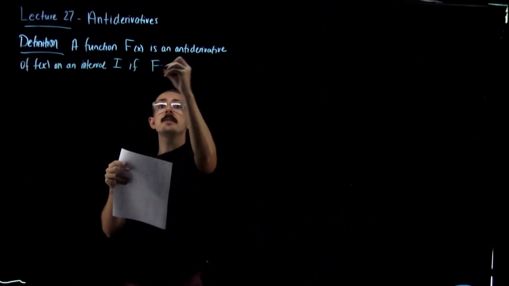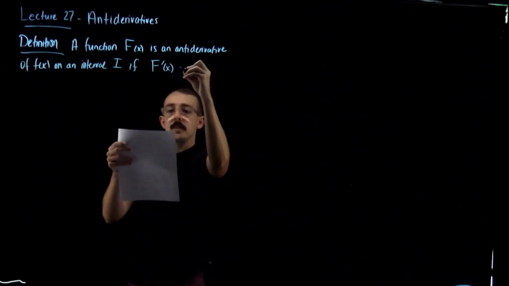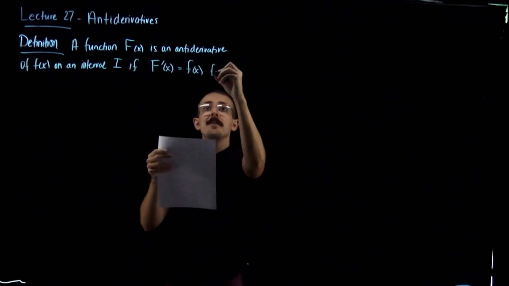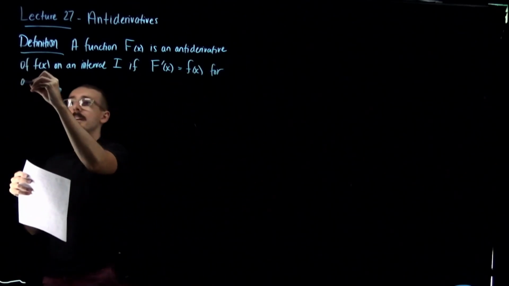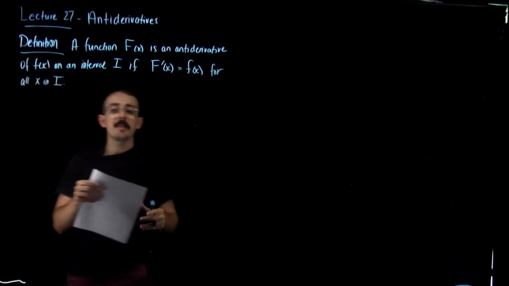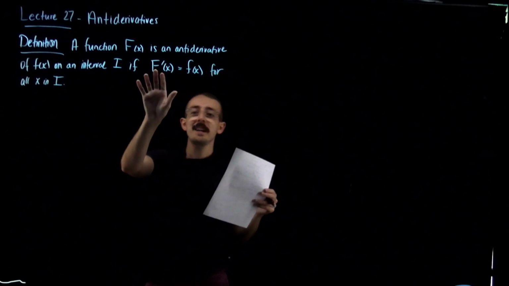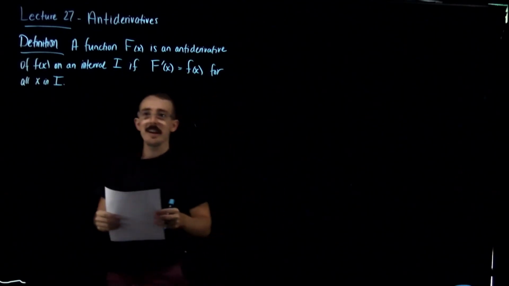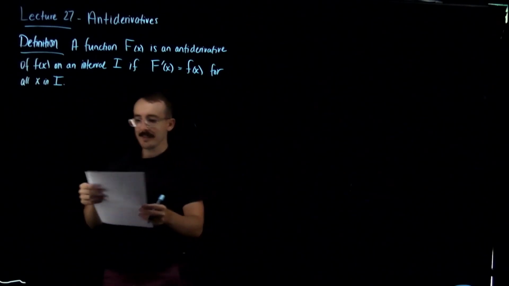If you take the derivative of capital F, and you end up getting little f for all x in the interval I. So we're trying to figure out what function did I have to have, so when I take its derivative, I get back to this original function here. And that's the game you play with antiderivatives.